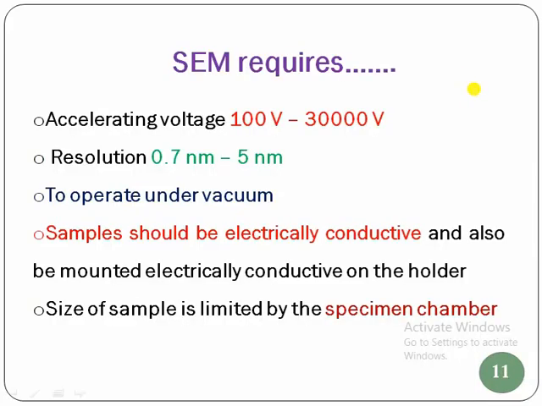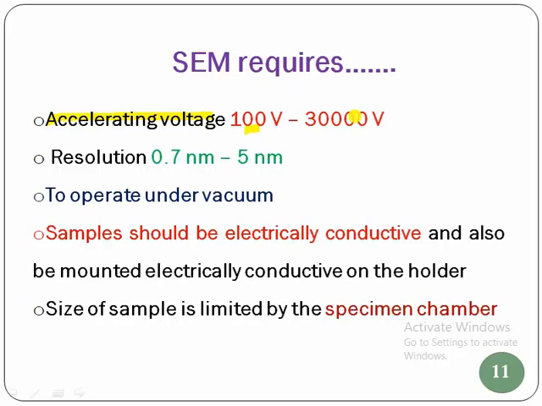Now next is the requirement of the scanning electron microscope. The first requirement is accelerating voltage. It should be higher, from 100 volts to 30,000 volts. Why should it be higher?